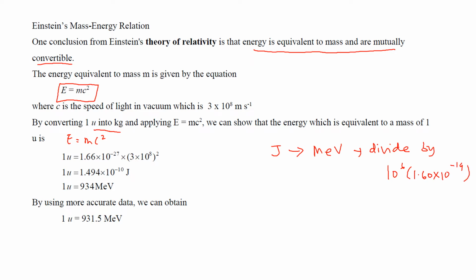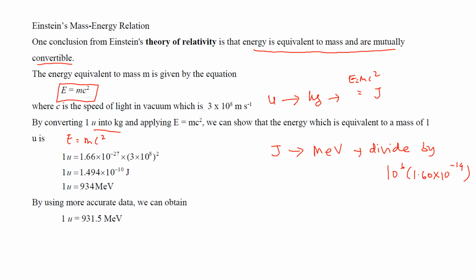This is how you convert. So you know how to convert from U to kg. From kg, when we substitute into E equals mc squared, we get the joule unit.